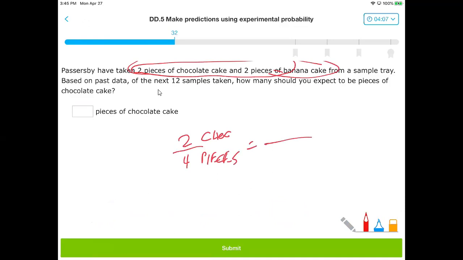So if we have 12 pieces, how many would you expect to be chocolate? Again, 2 out of 4 is half, so half of 12 is going to be 6.